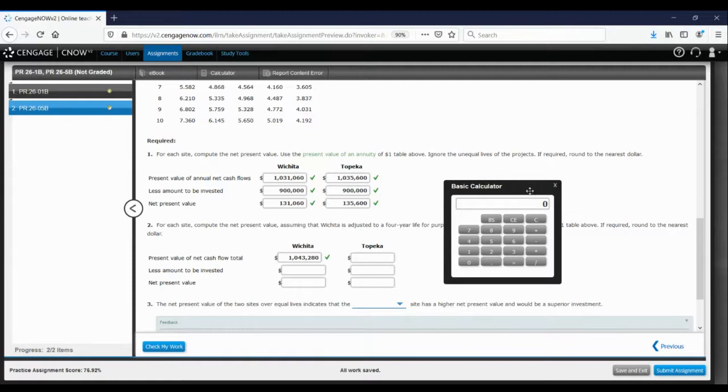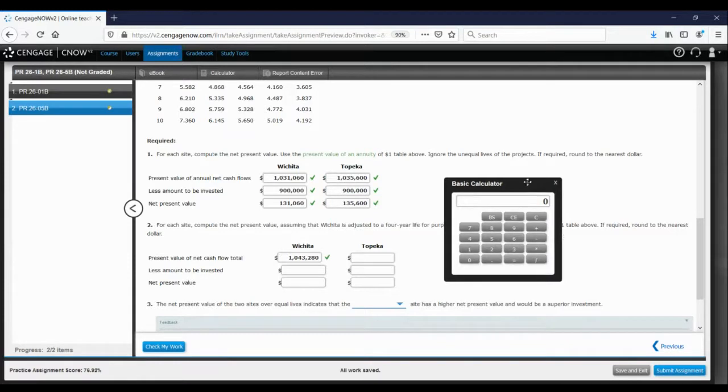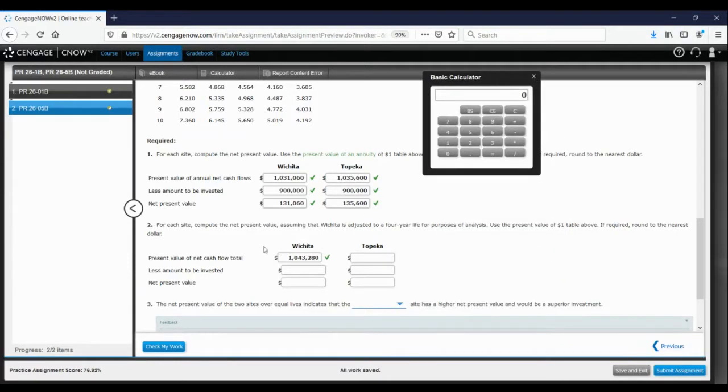Okay. Now, for the Topeka company, they want you to determine the present value of the Topeka company. Now, in reality, you probably could have just used the figure that they gave you or that you found up here with the present value of the annuity table.